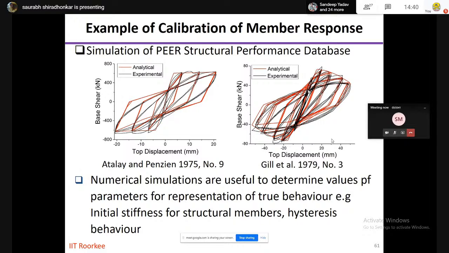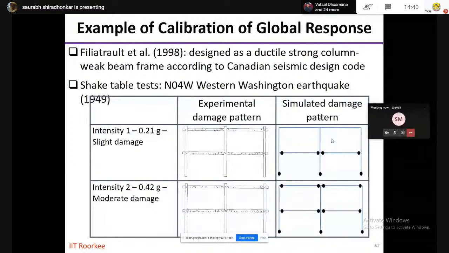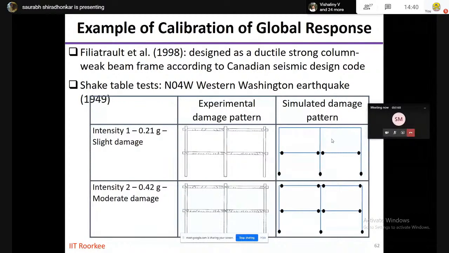So once we calibrate our analytical model, we can use it to predict the response under earthquake ground motions. Having said that, it is very important to calibrate the response of the entire building system under ground motion. It's very difficult to find the response of an actual building subjected to ground motion because there are no such studies available, and there are many other variations, such as soil amplification issues.